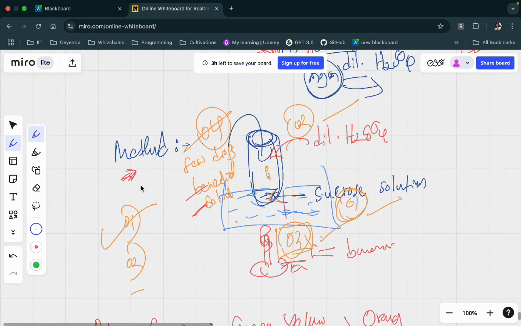So for that you need to know the correct steps, the correct procedure. Okay, that's the importance of this type of experiment.